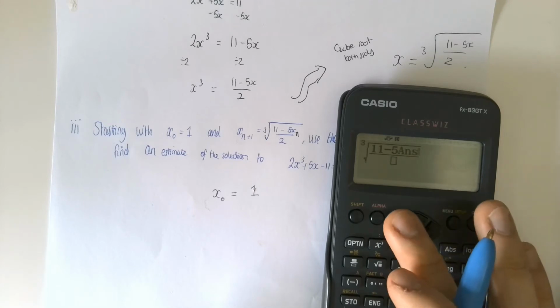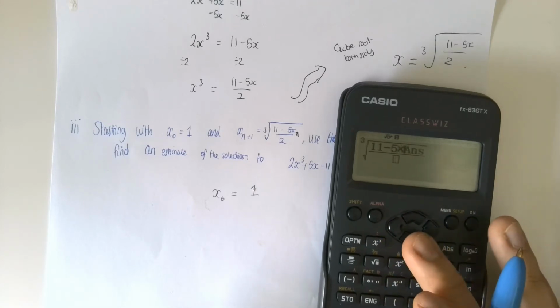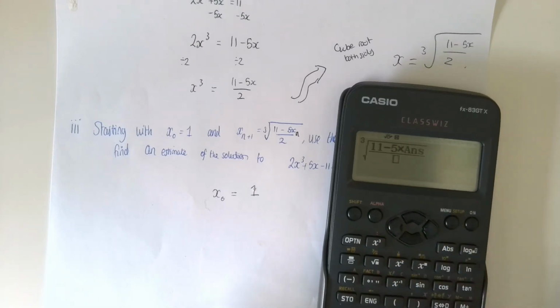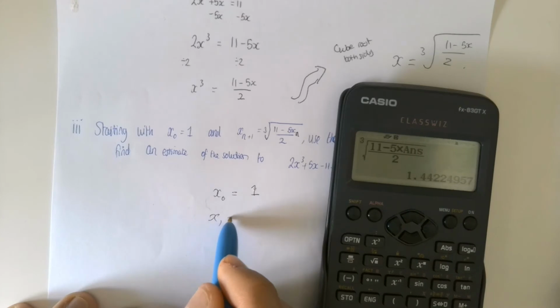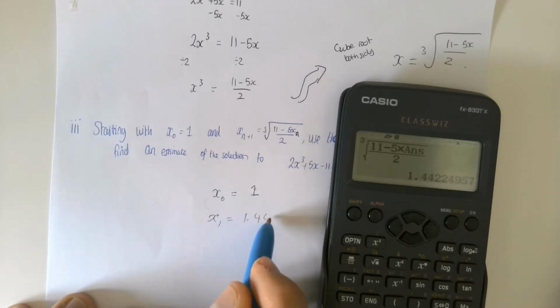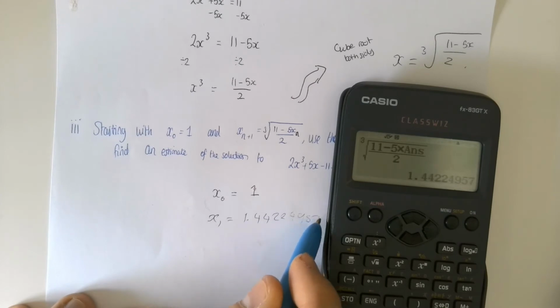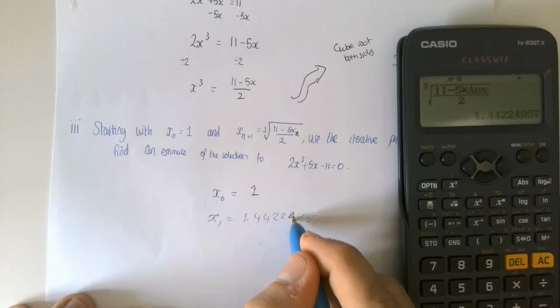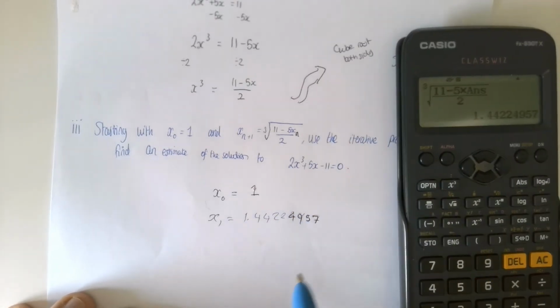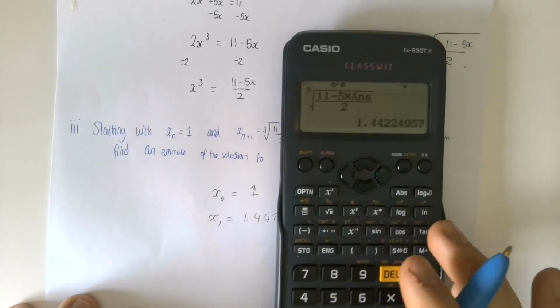So I'm going to press the answer button, and then it's all going to be divided by 2. So I'm going to press equals, and I get 1.44224957. Okay, so that is my first process.